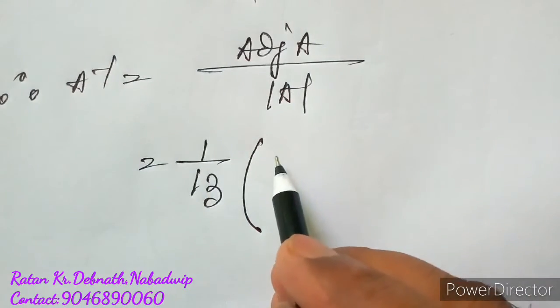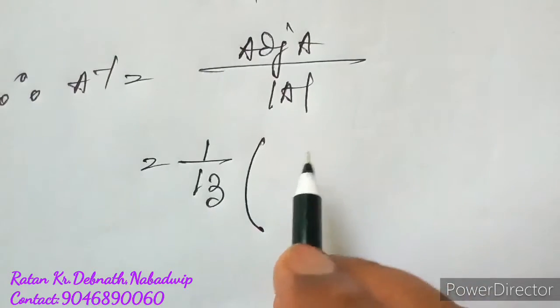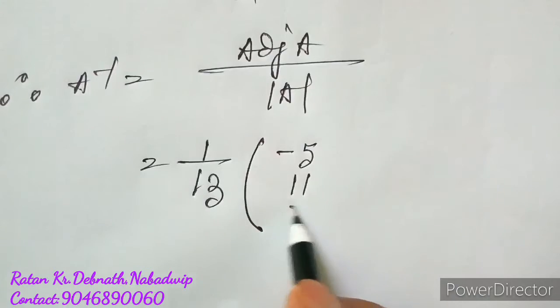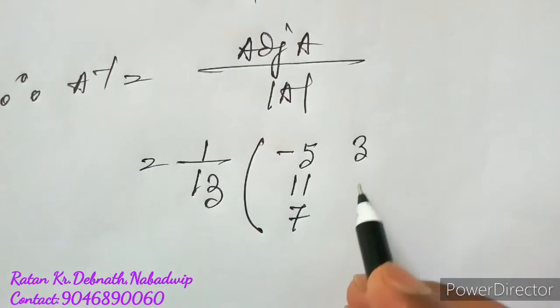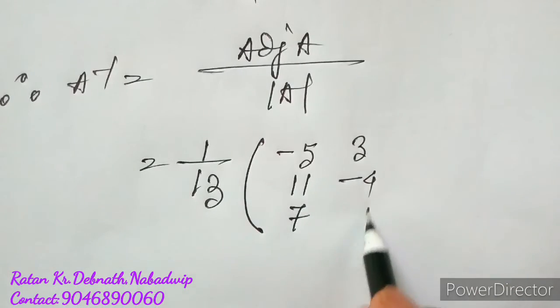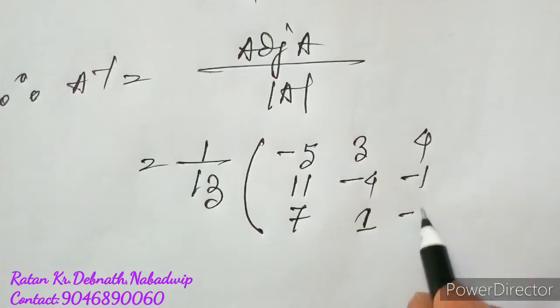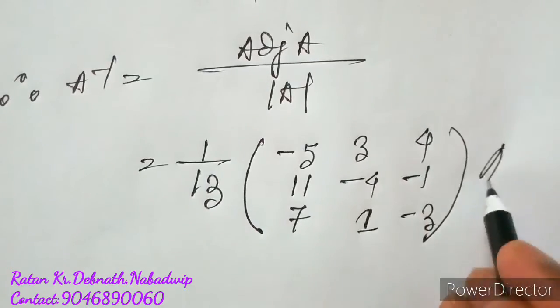Adjoint A means -5 11 7, 3 -4 1, and 4 -1 -3.